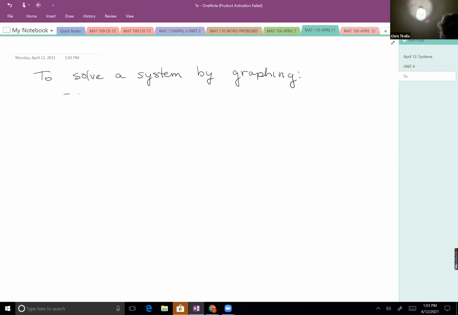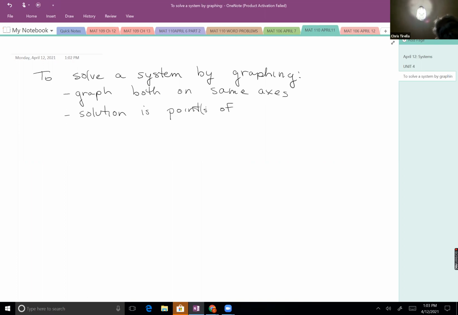What you're going to do is graph both equations on the same axes. And the solution is the point of intersection. Point or points of intersection.